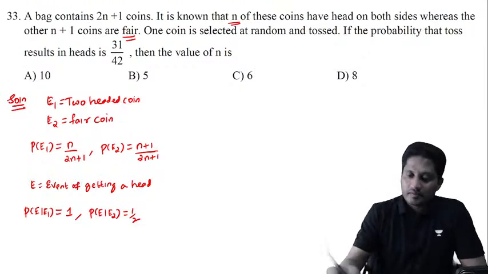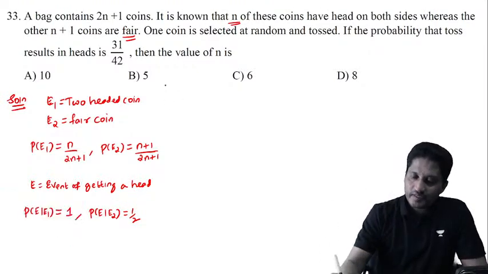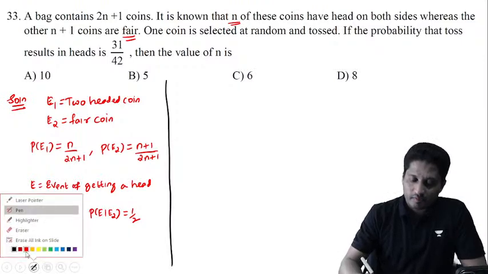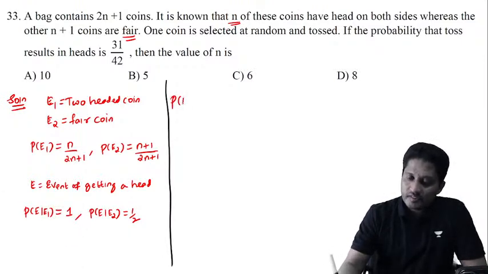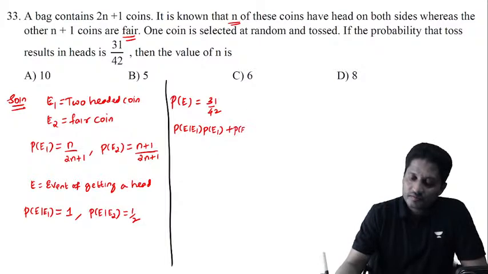Now according to the question, P of E, that is the total probability of getting a head, is equal to 31/42. Now P of E is equal to P of E given E1 into P of E1 plus P of E given E2 into P of E2, which is equal to 31/42.